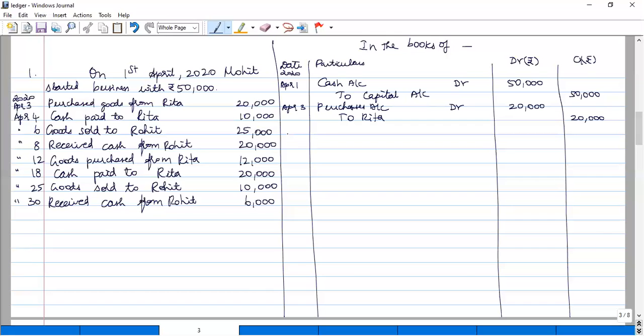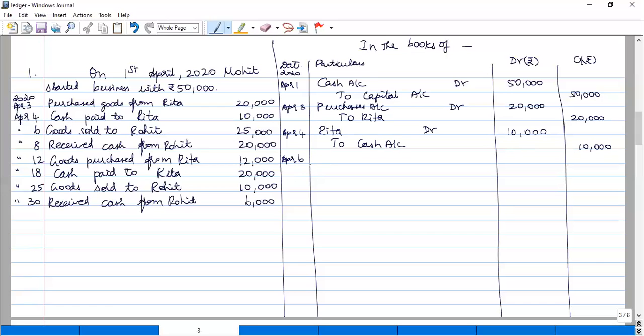Next, on April 4th, we are paying cash to Rita. Our liability is decreasing, so the decrease in liability has to be debited. To cash, as we pay by cash, so cash decrease has to be credited, 10,000. Next, on April 6th, goods sold to Rohit.